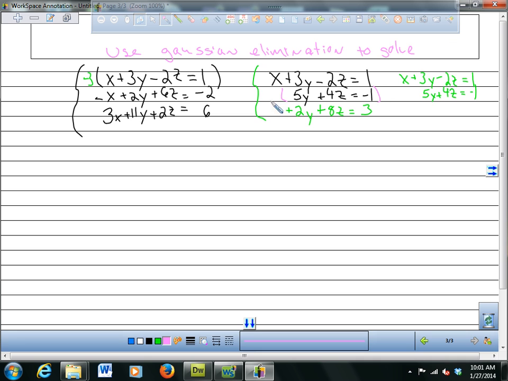Multiply this equation by 2, and this one by negative 5. Okay, and then what that gives me is 10 and 10 disappear, and 8 and negative 40 makes negative 32z, and negative 2 and negative 15 makes negative 17.